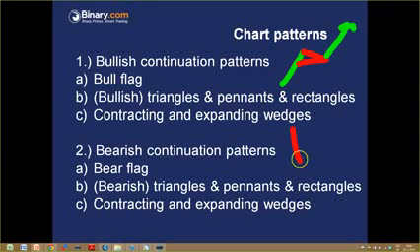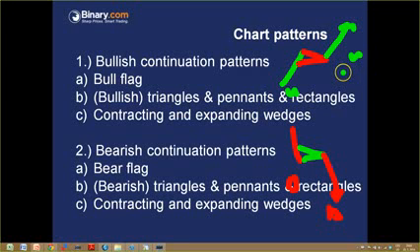The bearish continuation pattern would have a down momentum, followed by some kind of correction, followed by another down momentum, right? So you get it. Down, sideways, down; up, sideways, up. That's continuation.